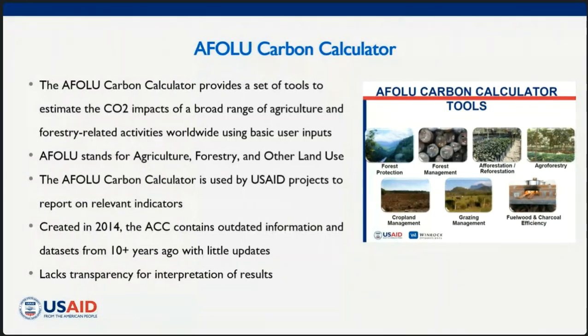There was an indicator, indicator EG 13/-8, that's indicator 7, which talks about the number of hectares under improved management expected to reduce greenhouse gas emissions as a result of USG assistance.